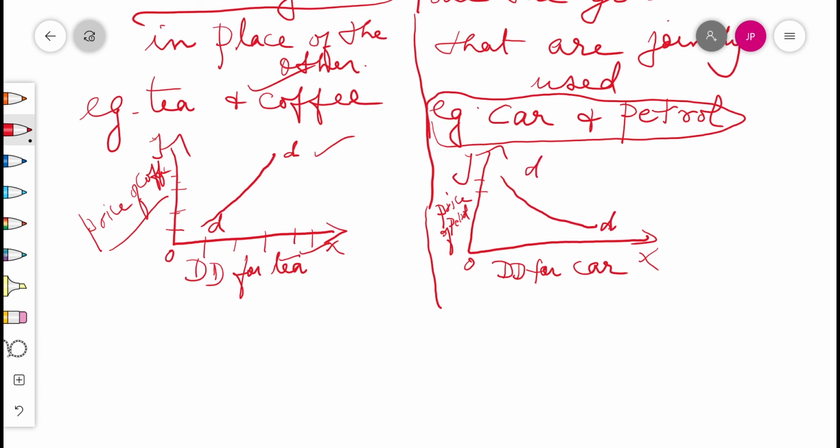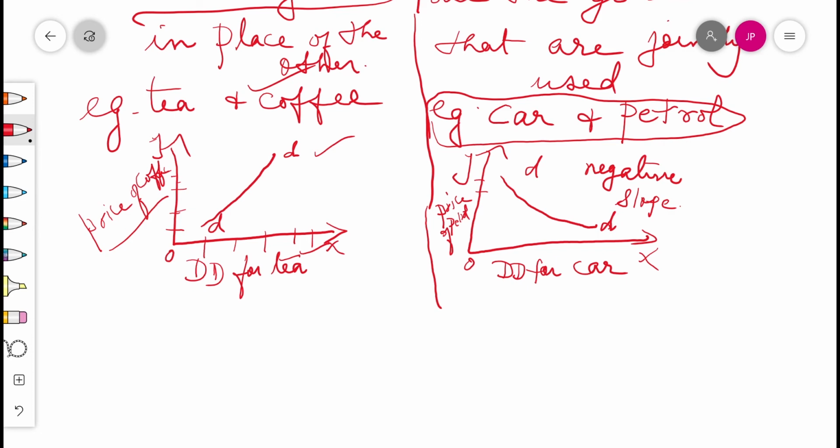Here, as the price of petrol increases, demand for car is reducing. It's a negative slope like a demand curve itself. So we can say now, the demand curve of substitute goods is generally upward sloping, and the demand curve for complementary goods is downward sloping. With an example, you can highlight.